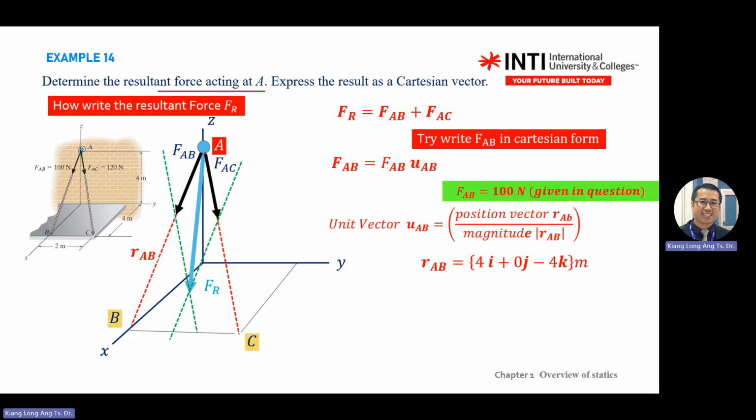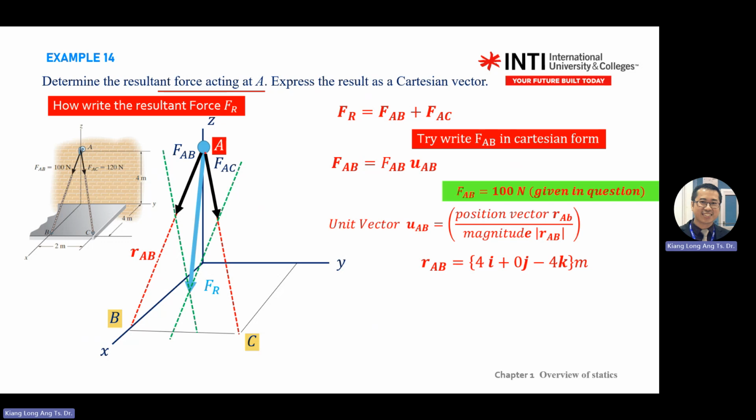Okay. FAB magnitude is given in the question. So just put it inside there. Unit vector, this is just for your illustration. How to calculate UAB? Take R vector divided by magnitude of R vector. Okay. R vector, RAB.